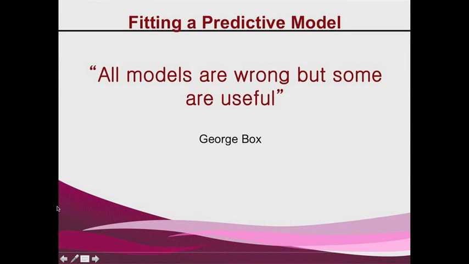So before we start fitting any predictive model to two variables, I want to emphasize George Box's motto: all models are wrong, but some are useful. We need to start from this idea so that we can understand what will be the most useful of all the wrong models.